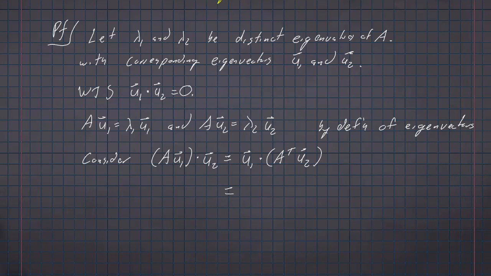And because A is symmetric, A transpose is the same thing as A. So we have that AU1 dot with U2 is the same thing as U1 dot with A times U2. And this will be true for any symmetric matrix A.